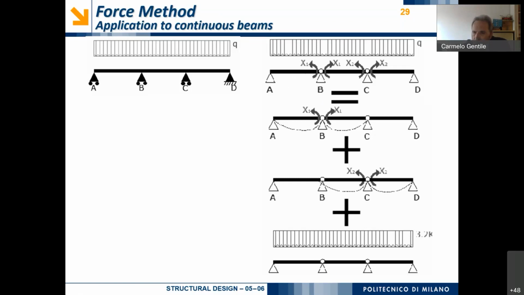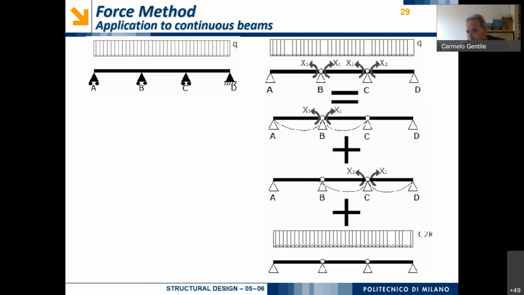Of course, if we have a lot of intermediate supports, like B, C, D, and so on, we can generalize this approach. So let's look at the internal supports, and corresponding to each internal support we can introduce a hinge, and corresponding to this new hinge basically we can also highlight a redundant bending moment.